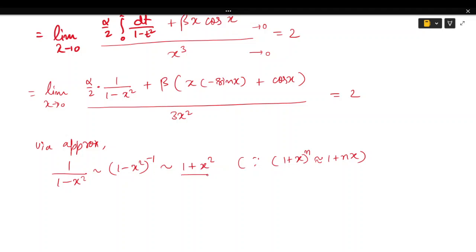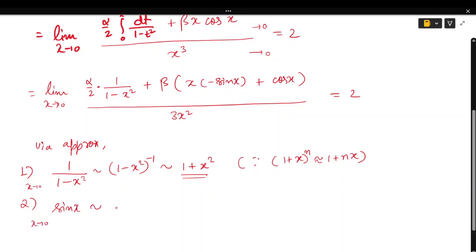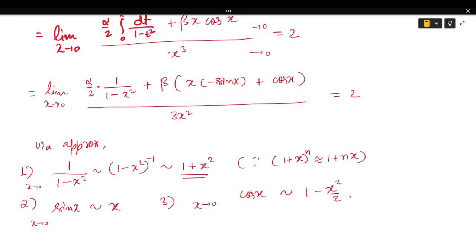So using this criterion, we have this approximation first. The second approximation we will use is that whenever x tends to 0, sin x can be approximately written as x. Third approximation, whenever x tends to 0, cos x can be approximately written as 1 minus x square by 2.